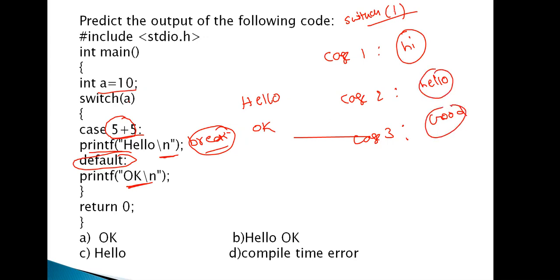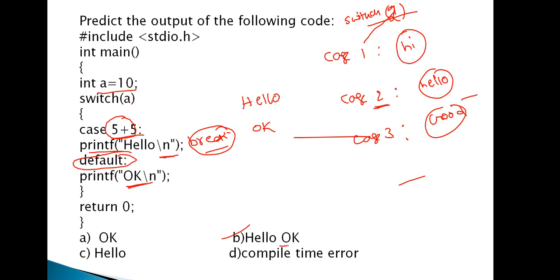It compares the first match, and there is no break statement, so all the statements are executed. For example, switch of 2 means it starts execution from case 2 until a break occurs. So hello and good is the output. You got it?